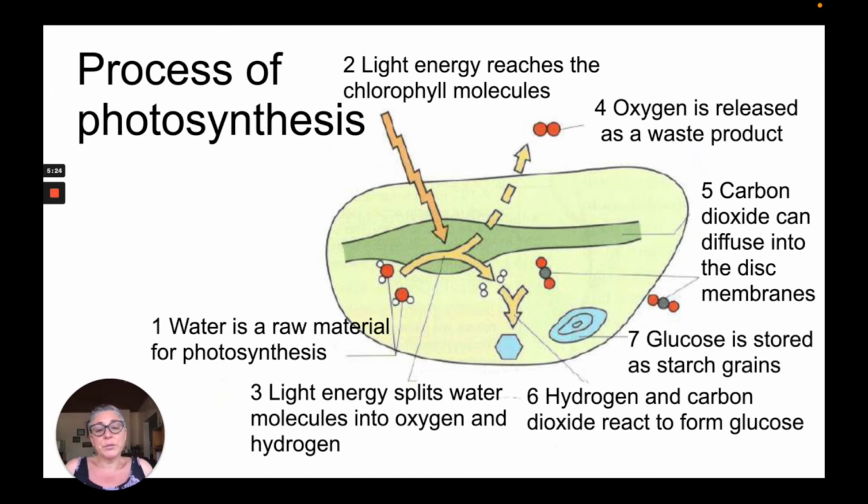Then the hydrogen from the water molecule that has already been split and the carbon dioxide are going to react, and they're going to form glucose. Glucose itself is going to be stored as starch grains in the chloroplast. So anytime you have a photosynthetic cell in a plant, you can find starch grains in the leaf, because initially glucose will be stored as starch in the chloroplast.